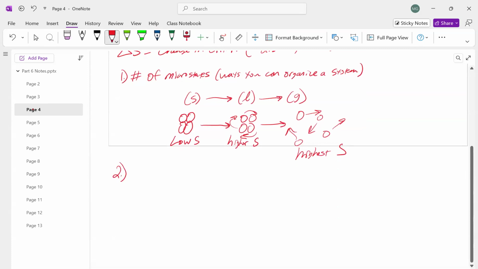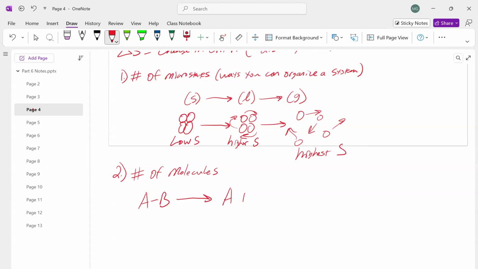Now, the second way you can look at the sign of entropy, especially in a reaction, is looking at the number of molecules. What I mean by this is let's look at the number of molecules a reaction forms. Does the number increase or does the number decrease? So let's take this compound here, A bonded to B, and we do some sort of reaction, and now we have two separate molecules.